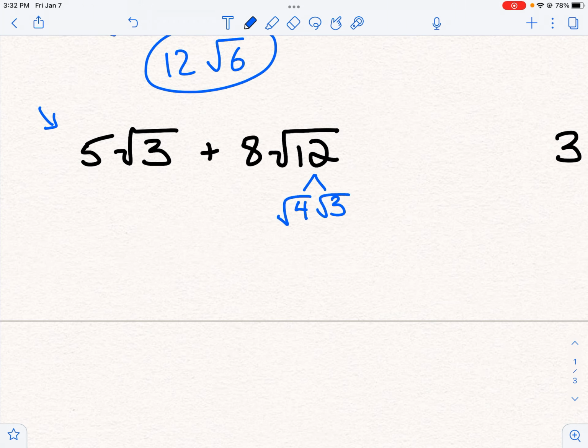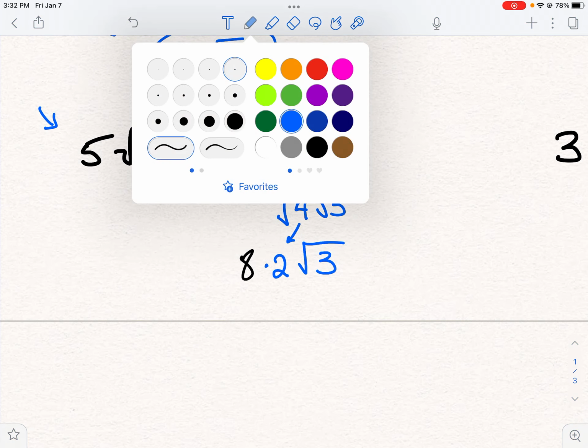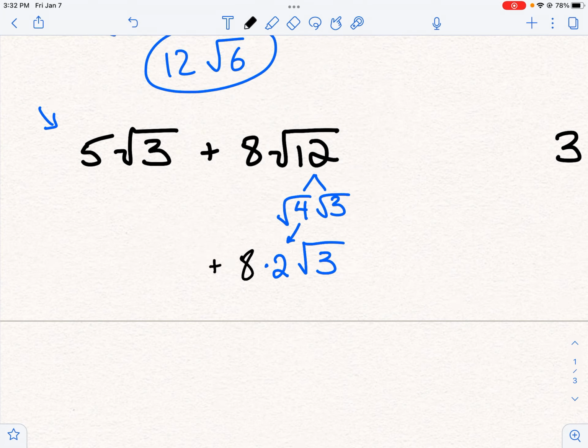So the square root of 4 and the square root of 3. I already had the 8, and because of this, I just created a 2 and the leftover square root of 3. I already had, here we go with black again, plus 5 roots of 3 to begin.